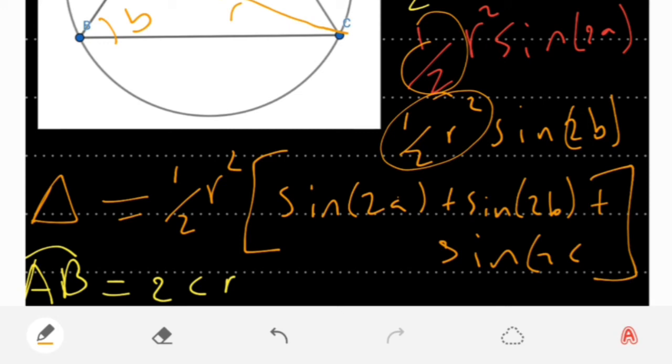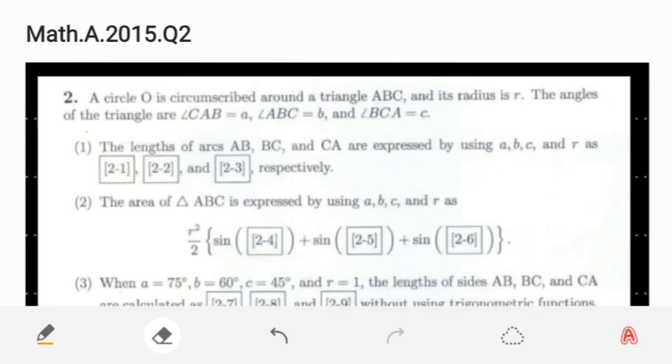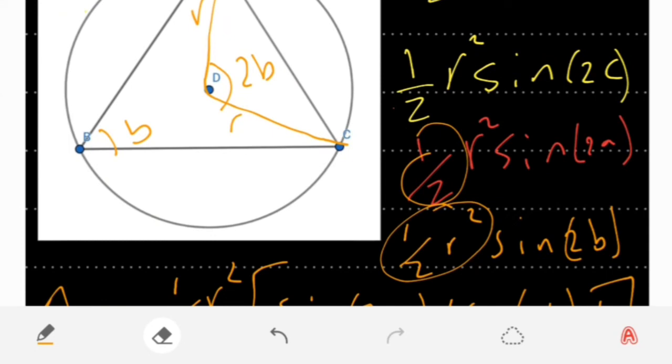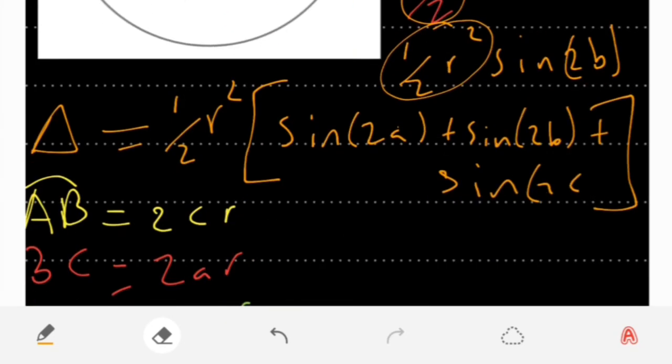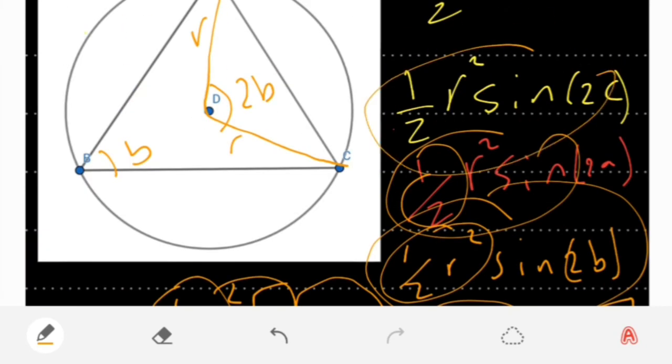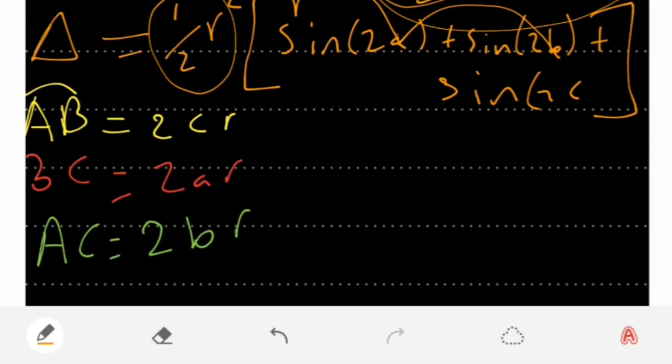So this would be the answer over here. You can change the order, there's no problem. And R squared divided by 2 is just multiplying over here. Notice that if you multiply inside, you'll get this back, okay?